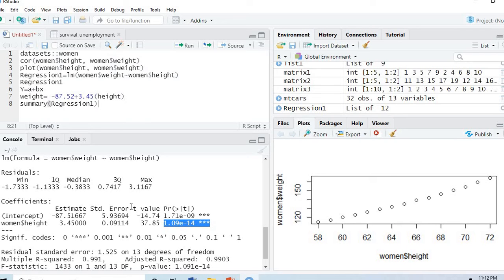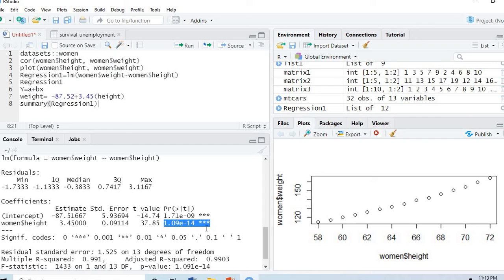If it is less than 0.05, then you can say that the height, your independent vector, significantly affects your dependent vector. In our case, this value is less than 0.05, so we can say that the vector height significantly affects the dependent vector weight.